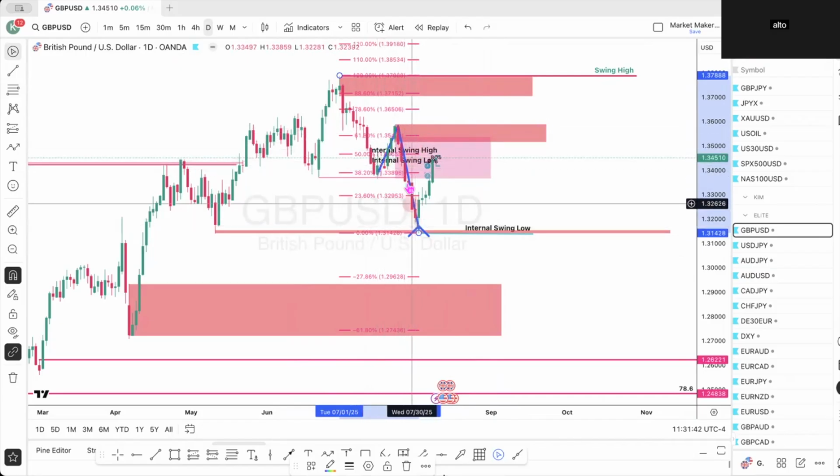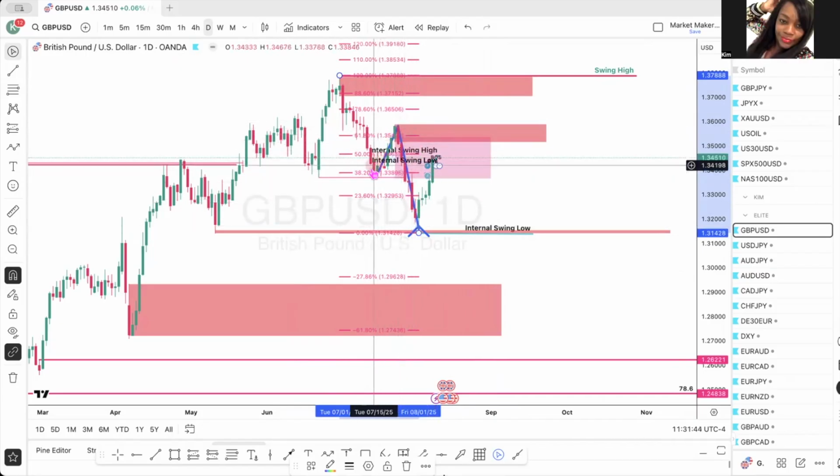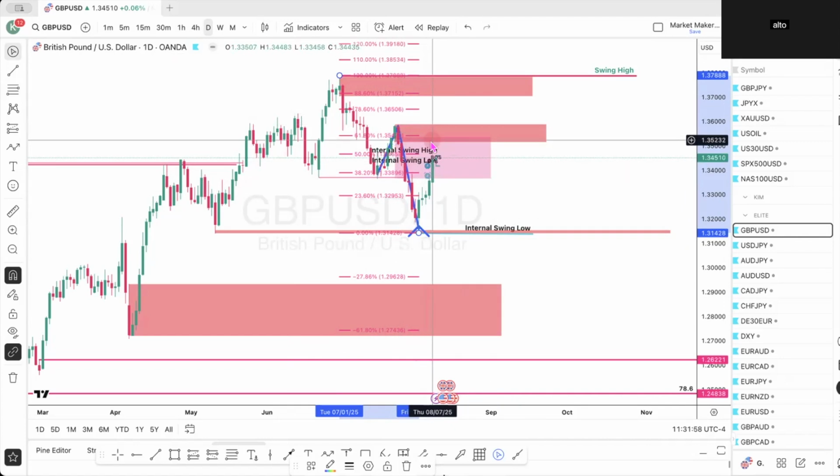But I do recognize that this is structure, so I have to respect that. I have to respect what I see until I don't see it.